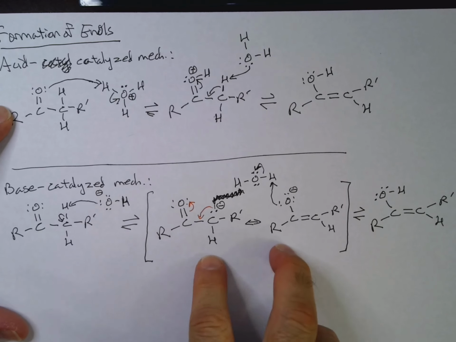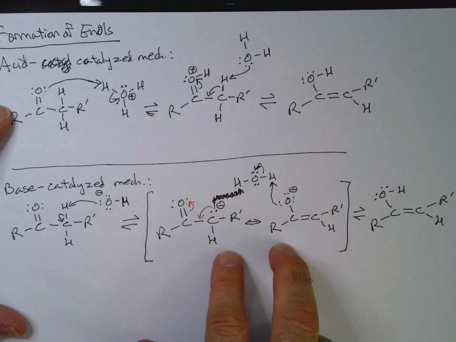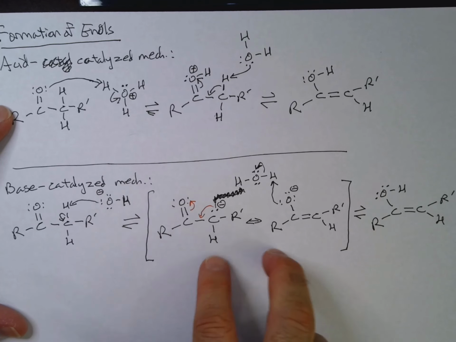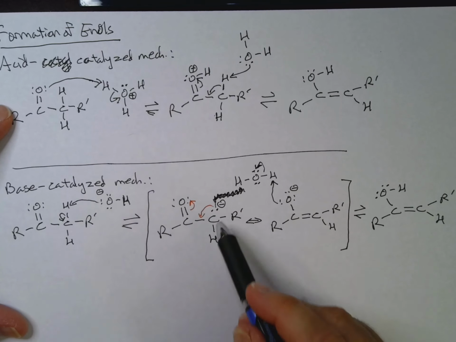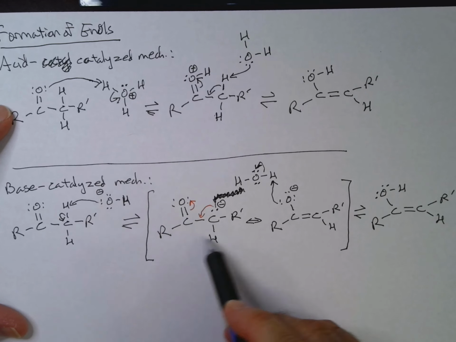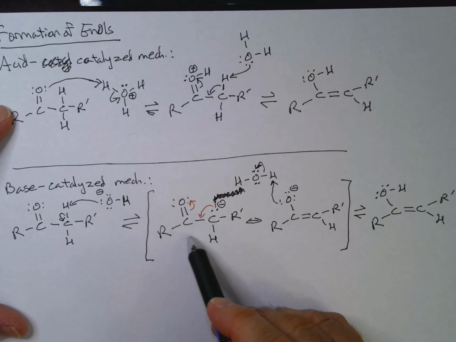So you could draw either of these structures for the enolate. You could draw both of them. Technically you would draw both of them, because that would be the full resonance picture indicating all the resonance structures. I think that the resonance structure on the left here really gets at the reactivity of the enolate, that our nucleophile is going to be the carbon.